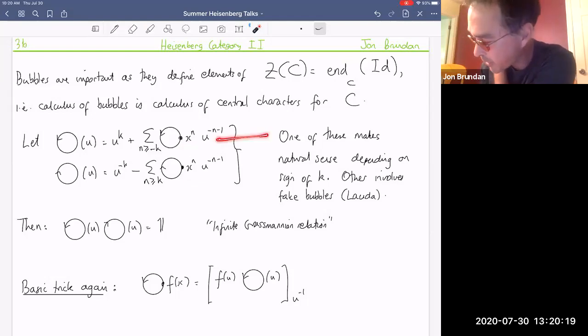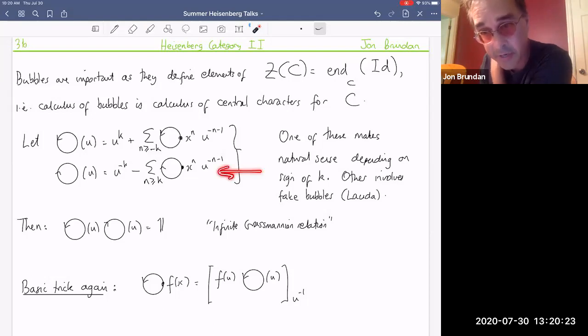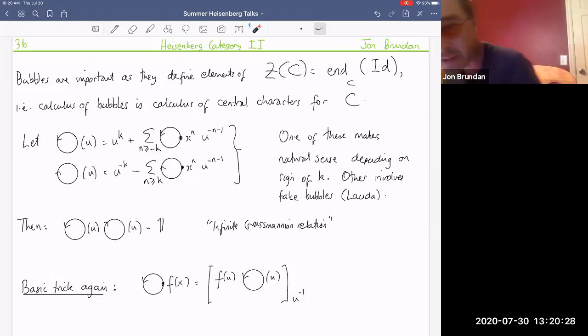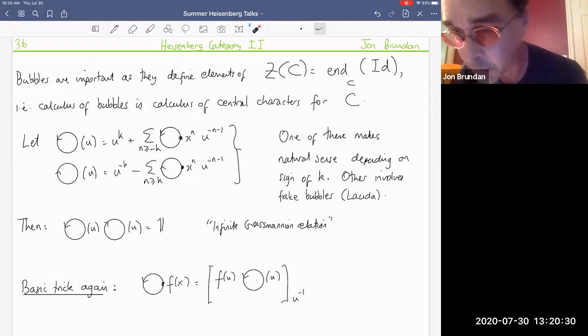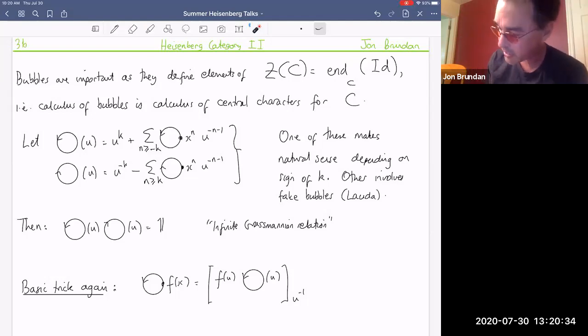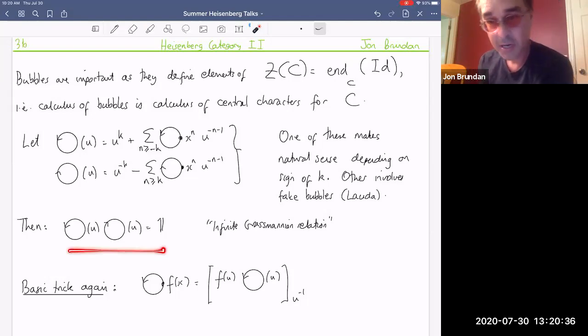One of them always makes natural sense, depending on whether k is positive or negative. But either the counterclockwise or the clockwise one has some undefined negatively dotted bubbles in, which Aaron calls fake bubbles. But the thing is, this relation holds. This counterclockwise generating function times the clockwise generating function, when you multiply them, that's 1.